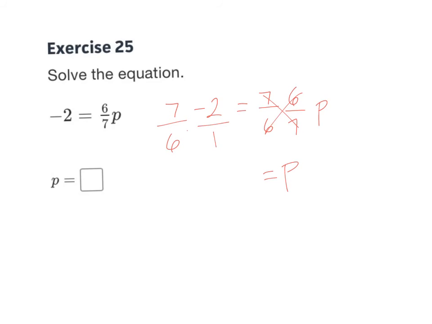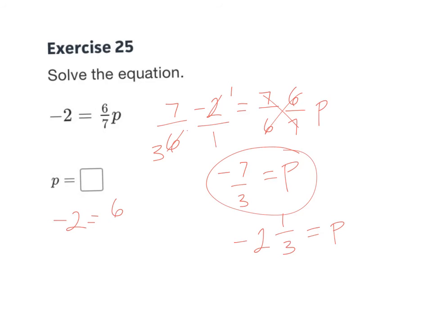Okay. Cross canceling, I can go 2 goes into 2 once, 2 goes into 6 3 times. 7 times negative 1 is negative 7 thirds, which can be rewritten as negative 2 and a third. Now let's check it. So I'm going to plug this one in. I get negative 2 is equal to 6/7 times negative 7 over 3.